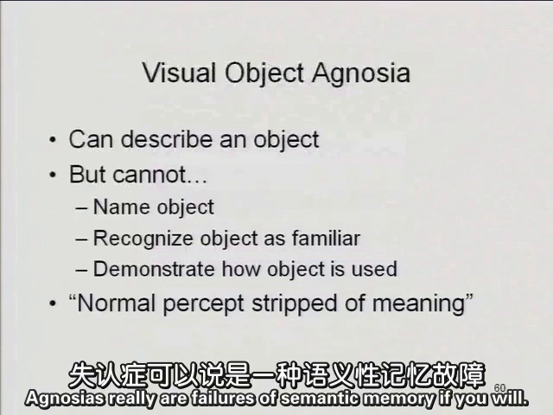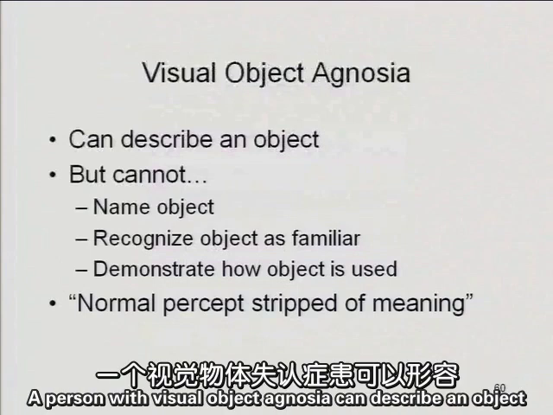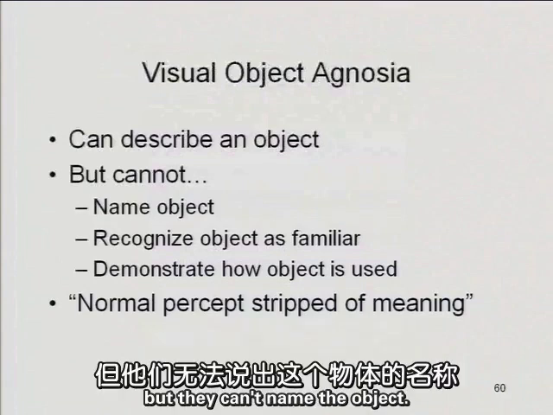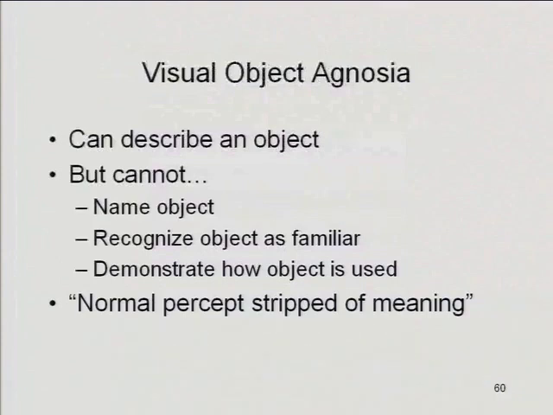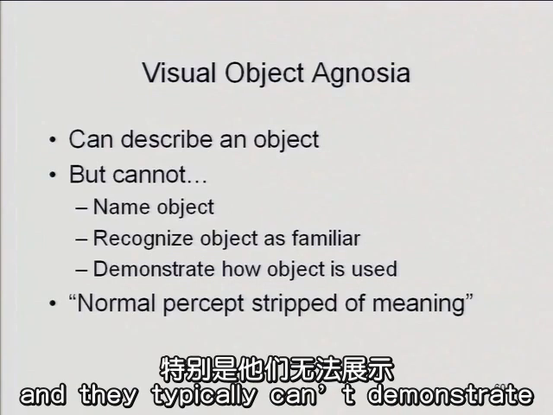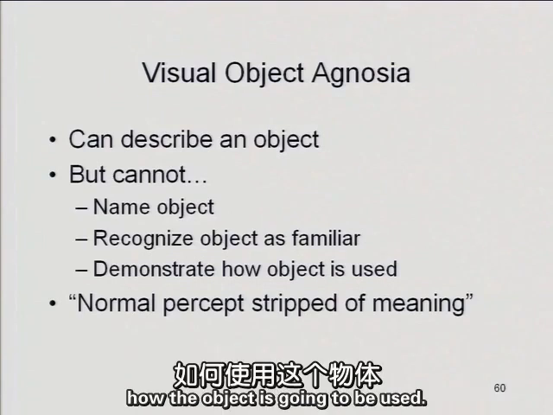Agnosias really are failures of semantic memory, if you will. A person with visual object agnosia can describe an object that's presented visually, but they can't name the object, they can't identify it, they don't recognize it as familiar, and they typically can't demonstrate how the object is going to be used.